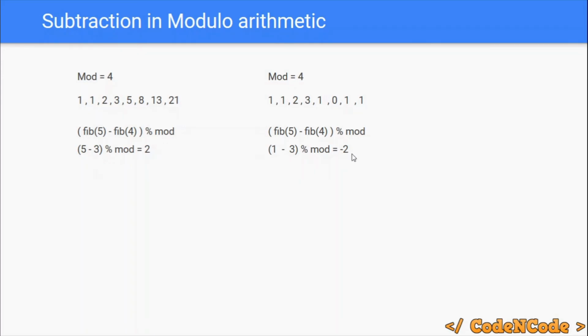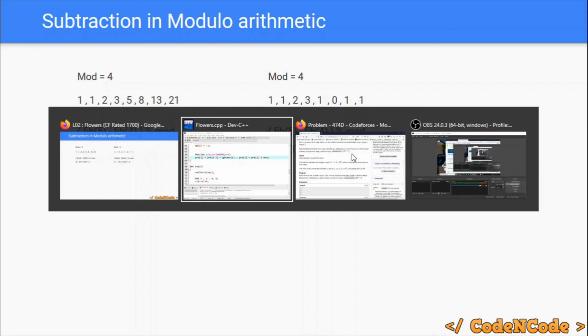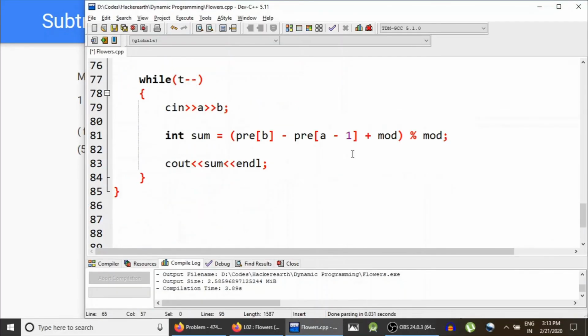So if the number was already positive, adding modulo won't change anything. If the difference of prefixes was already positive, adding modulo won't affect the result. If it was negative, it would be converted into a positive number. That is why, if you are taking a difference in modulo arithmetic, it is important to add modulo and then take modulo finally.